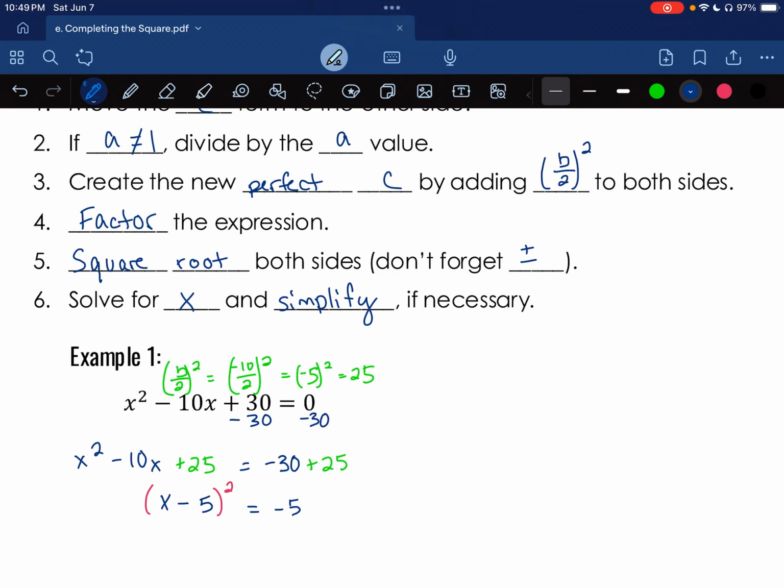We'll end up with x minus 5 is equal to plus or minus i radical 5. And then last but not least, we're going to add 5 to both sides, and we'll end up with x is equal to 5 plus or minus i radical 5.